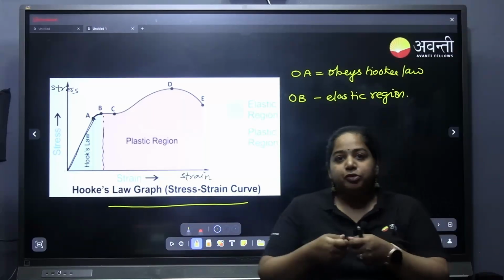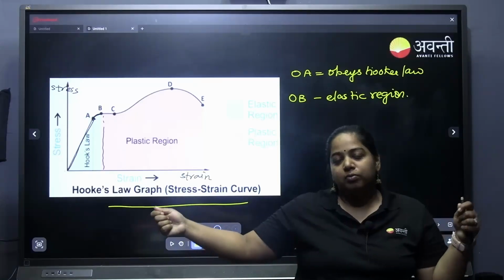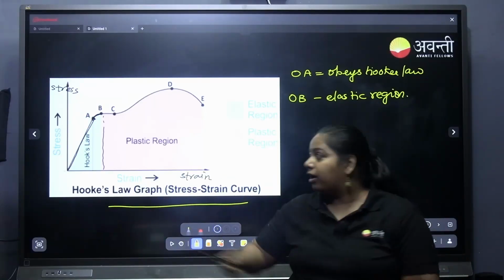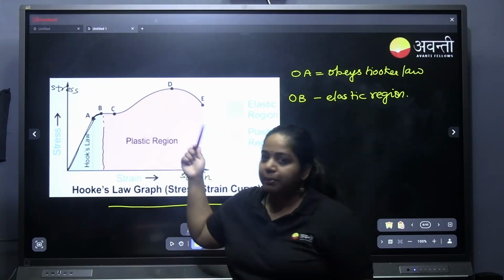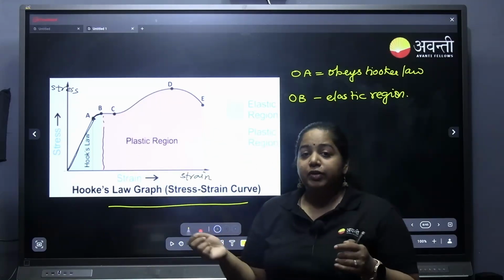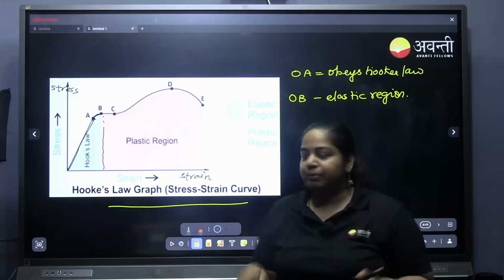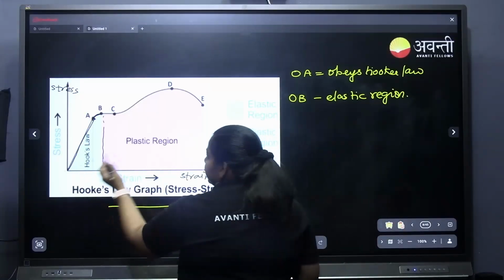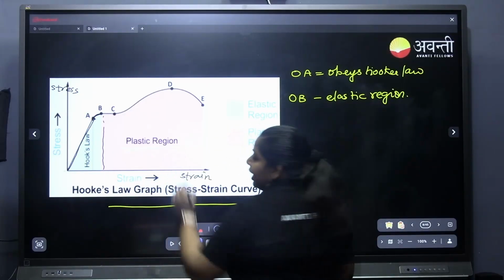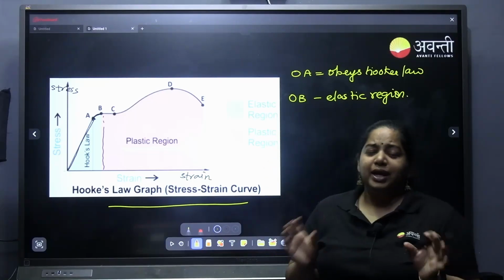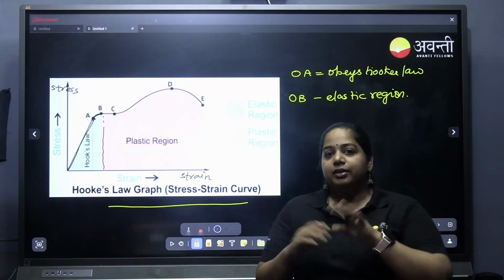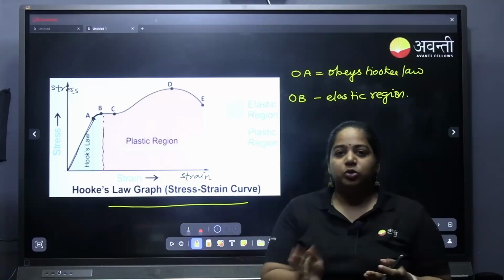Now what happens if you pull the rubber band very long? It will break, right? So after this point B, it will not come back to its original shape. This is the elastic region, this is the plastic region. In the plastic region, the material will not come back to its original shape.